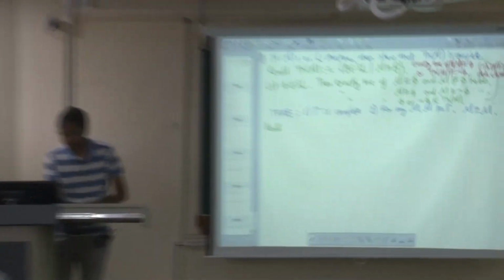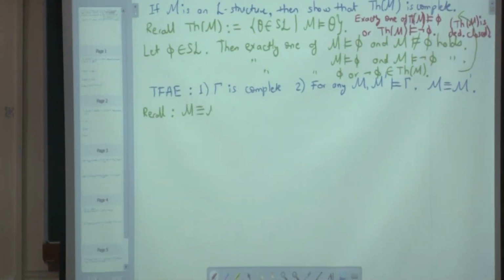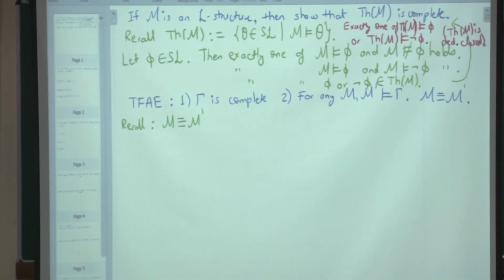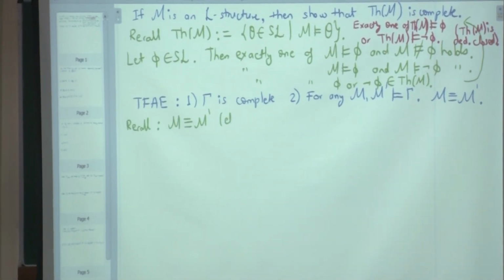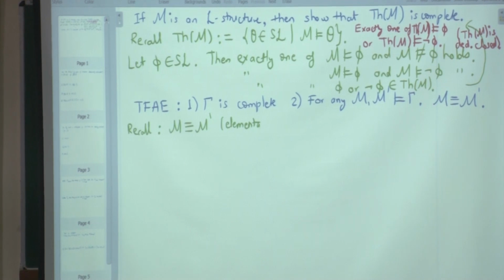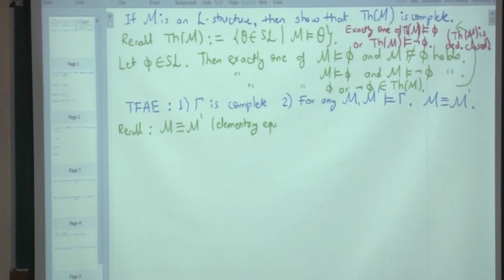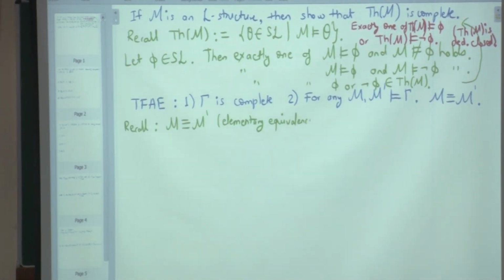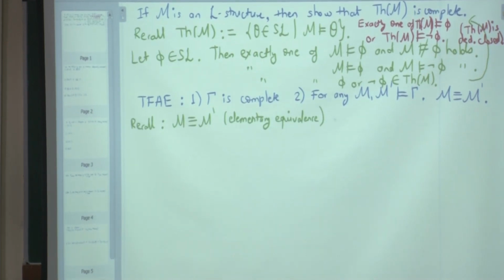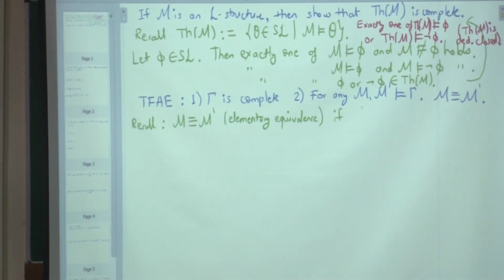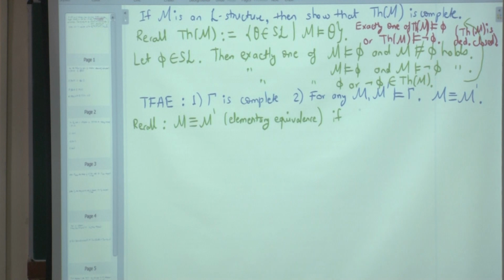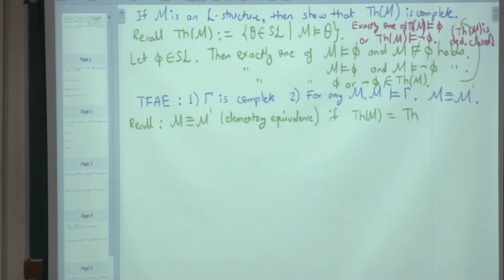So let us recall that M is elementarily equivalent to M dash. Let me write it if you have forgotten. What is the definition? Their theories are equal: the theory of M is equal to the theory of M dash.